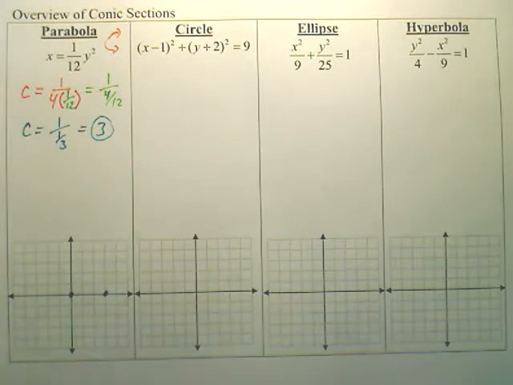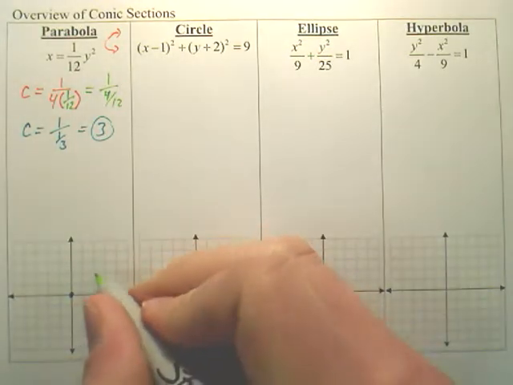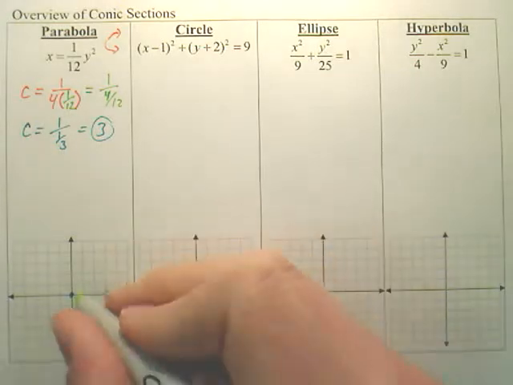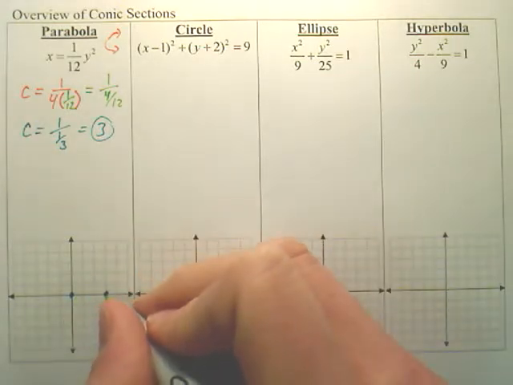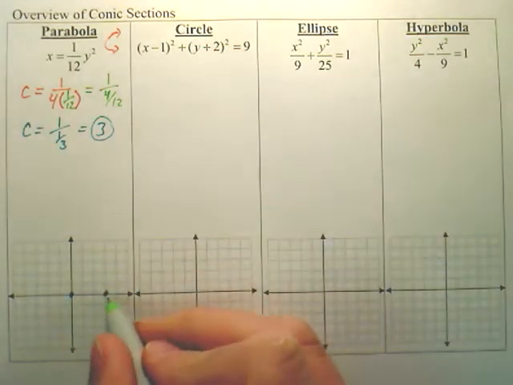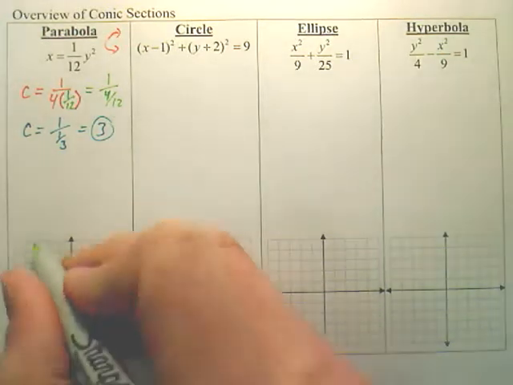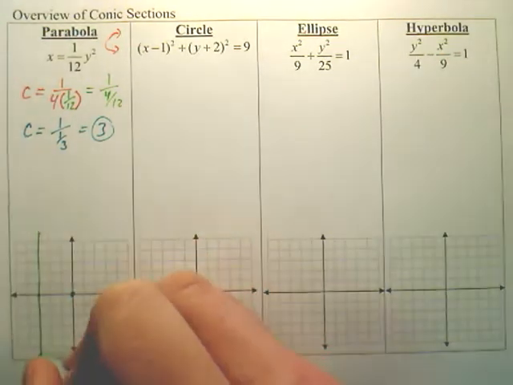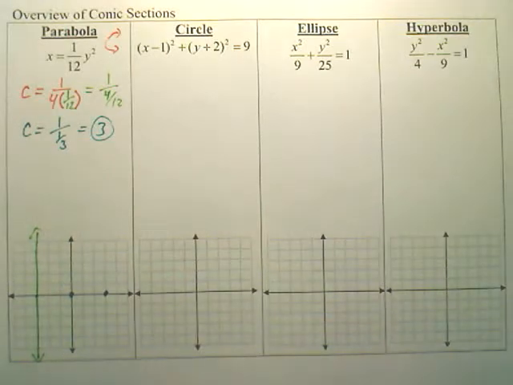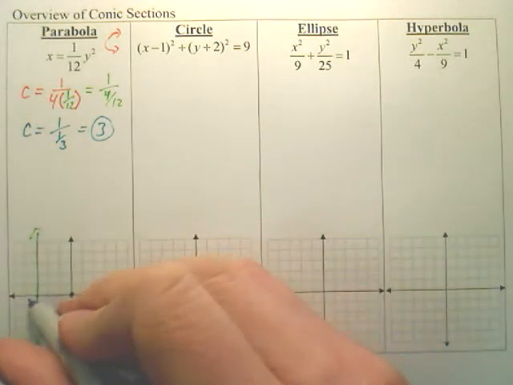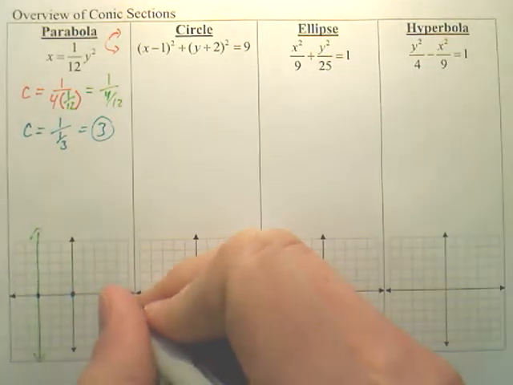Now, to get the graph, it's going to be opening this way, and since this is 3 this way, this is the focus, there's also 3 this way, called the directrix. And then with that directrix, we graph the parabola. The distance from here to the focus is 6.